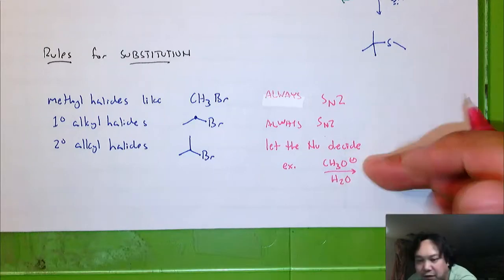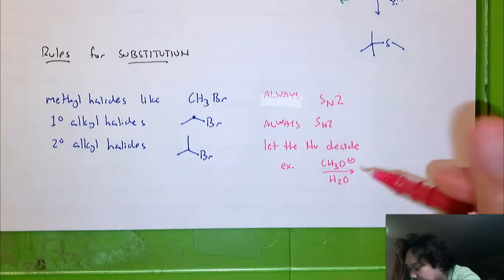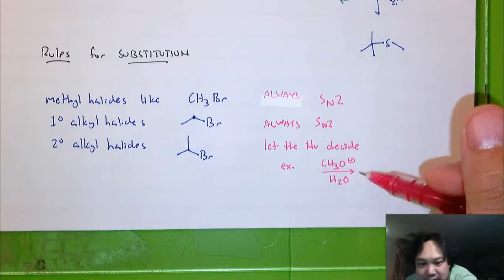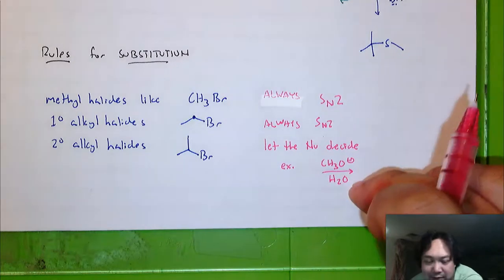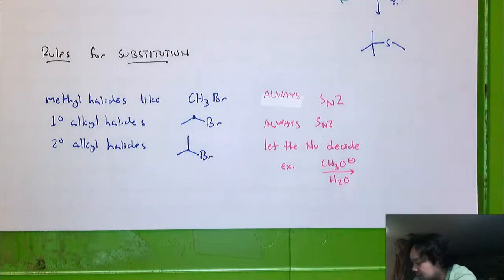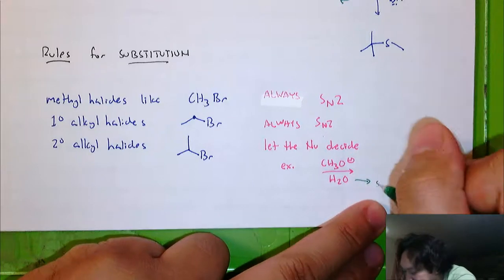Let the nucleophile decide. Now, if you have two reagents, you're going to assume that the neutral one is the solvent. This is an assumption, but this is a good assumption.